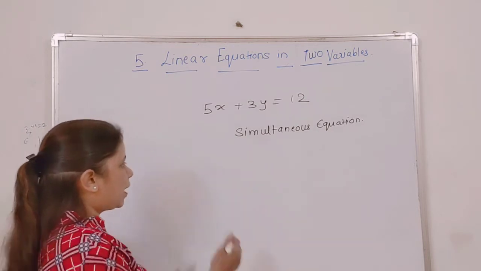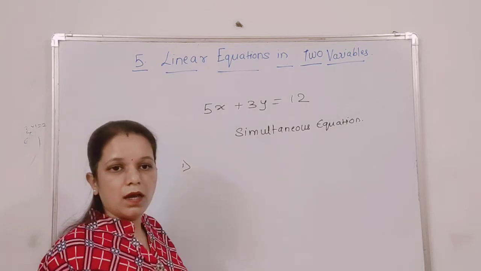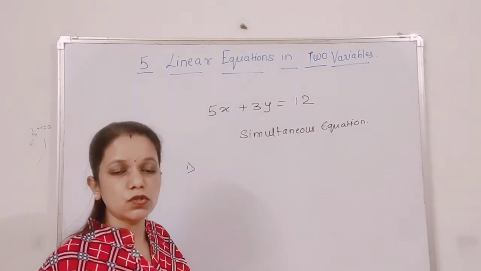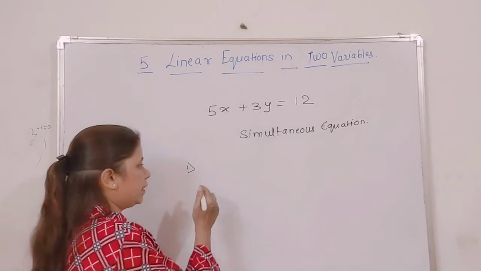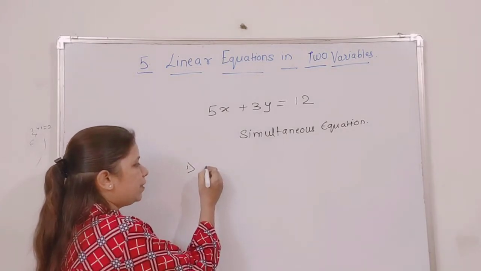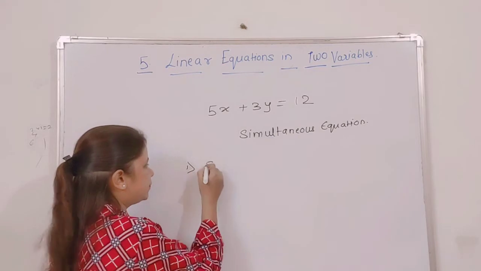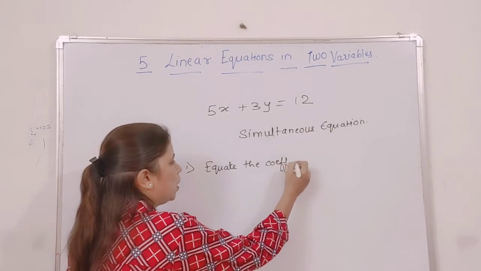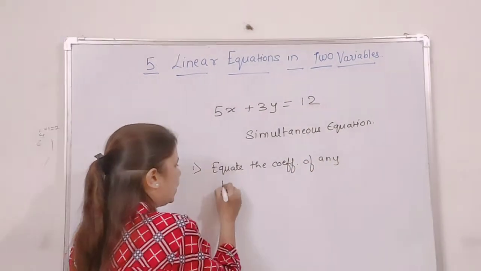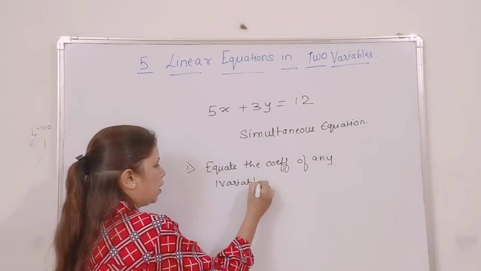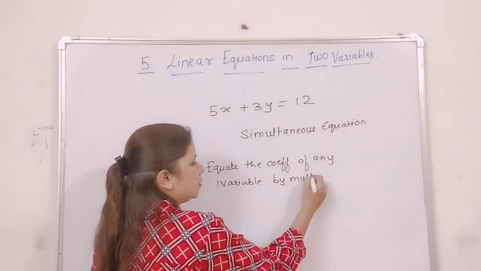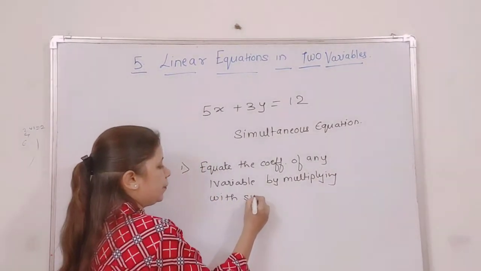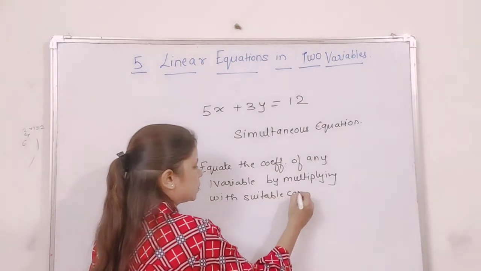The steps are, first, we have two equations in pairs with two variables. So the first step is we will equate the coefficients of any one variable by multiplying with suitable constants.